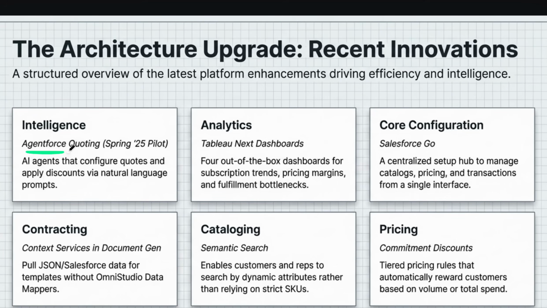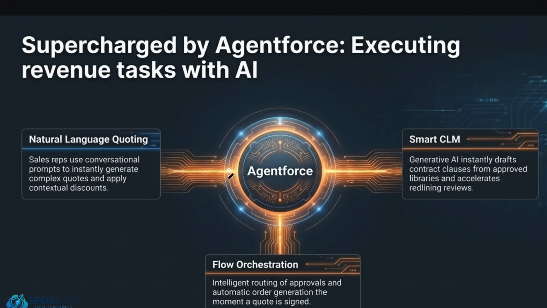So that is the advantage here, which I have listed down. Agentforce is highly connected. Apart from that, Tableau is connected because you can integrate Tableau as well to see the analysis. Similarly, Salesforce Go, contracting, cataloging, pricing, all those things can be easily handled. Okay, we'll see this in upcoming lectures. Now, under this slide, I have specifically mentioned Agentforce because you may probably get some questions in your exam about Agentforce, right?